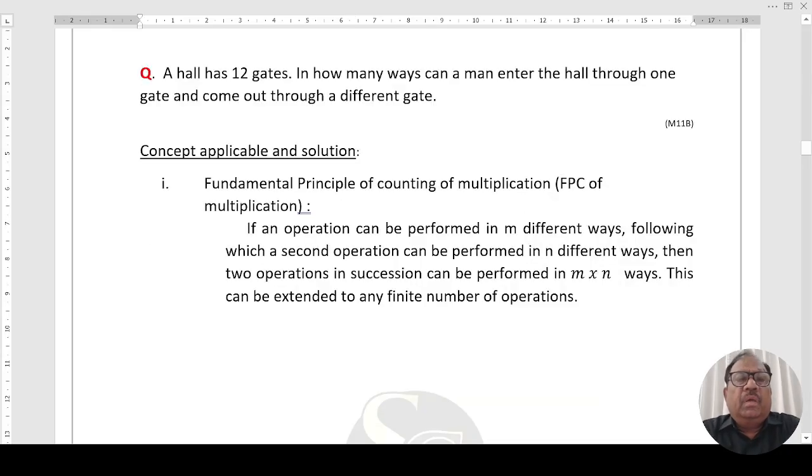Question: a hall has 12 gates. In how many ways can a man enter the hall through one gate and come out through a different gate?